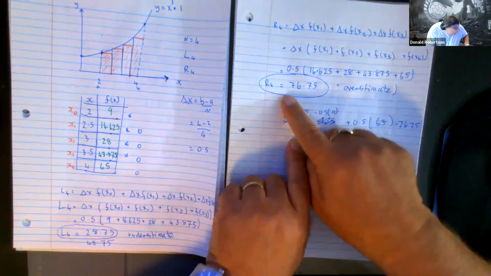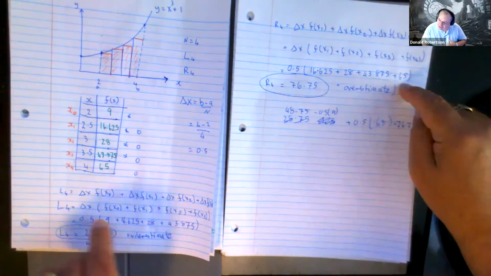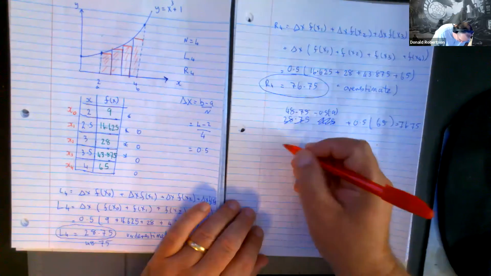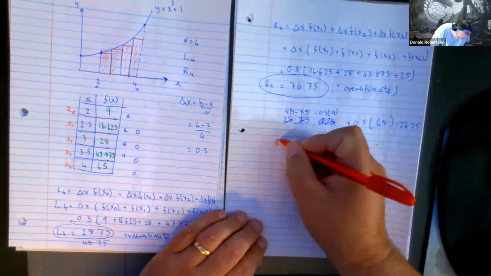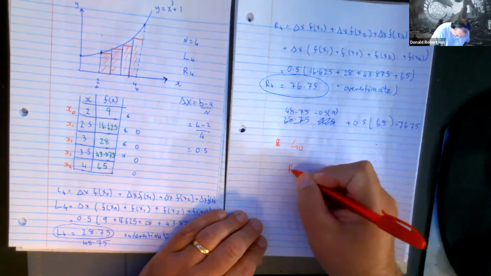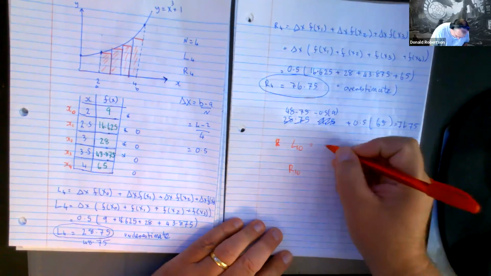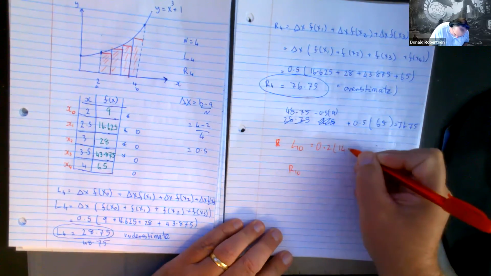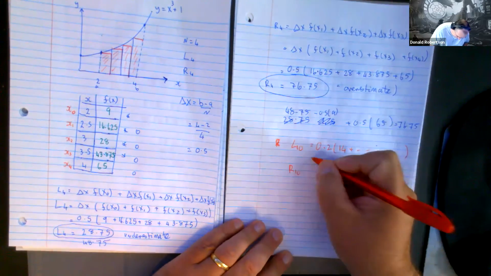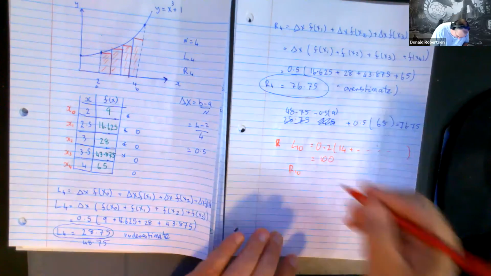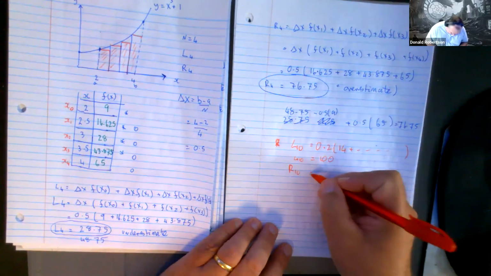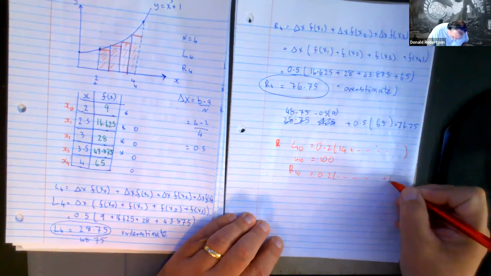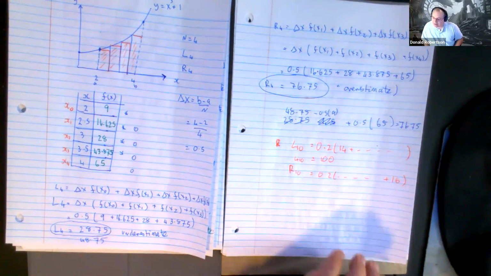And this trick of taking away the first one and adding the second one is quite useful. Can we pretend, because I don't want to go through a huge 10 one, but let's suppose we had an L10 and an R10. And the L10 started with 0.2 and it was 14 and had a whole load of stuff, and the answer we got was 100 because I want to make my life easy. And for R10, it was 0.2, a whole load of stuff, and it finished with a 16, just for argument's sake.